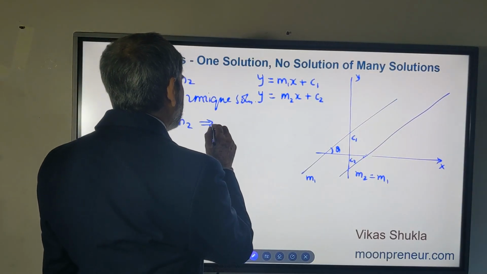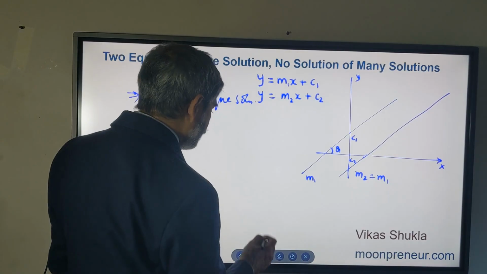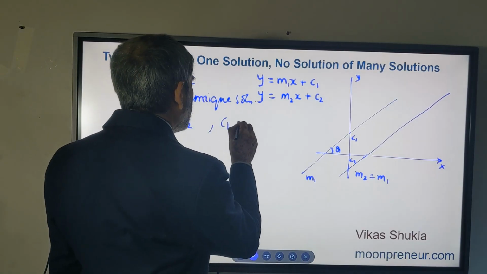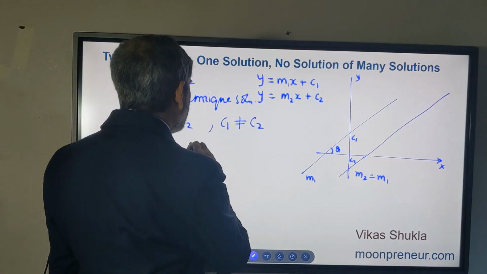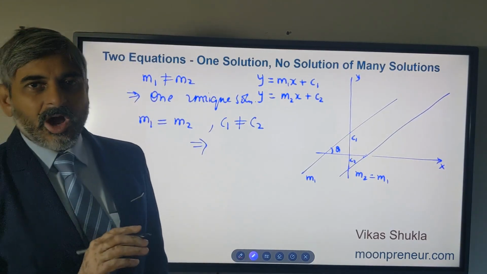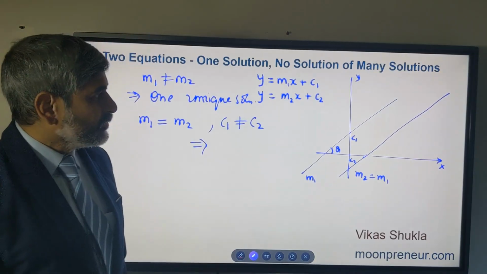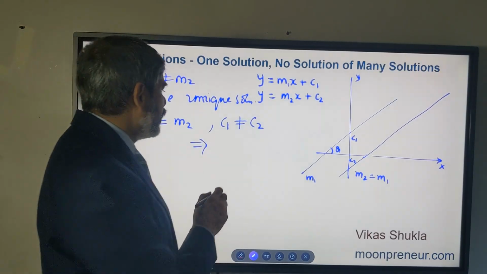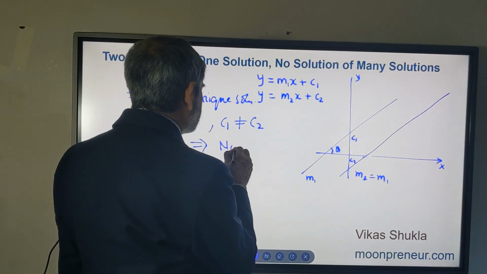So C1 is not equal to C2, which means that the lines are not going to intersect anywhere in this plane, and therefore we will have no solution.